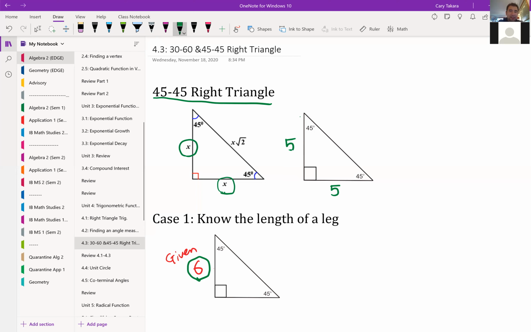If it's a 5, the other one is 5. Now, do you see that the square root of 2, it's x times square root of 2, right? In other words, if this is a 5, the other one is 5, and then the other side is going to be 5 times square root of 2.